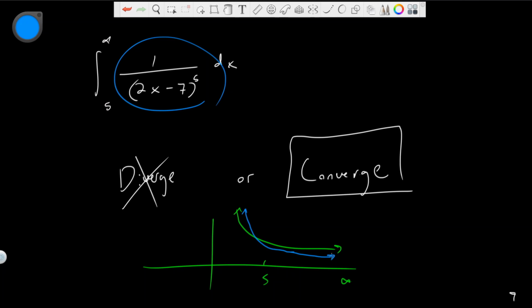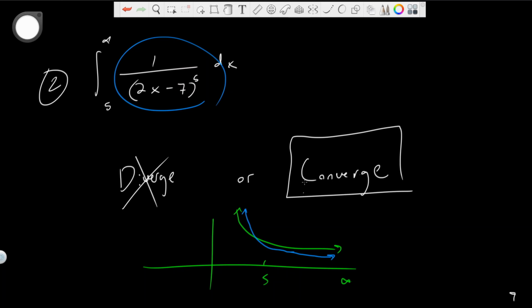We know that 1 over (2x minus 7) to the fifth converges on these bounds because it is less than 1 over (2x minus 7) to the third. If the question is asking, does it converge, and you know that something larger than it converges, then you can simply say that it converges. What it converges to, we would need to evaluate, but that's not what I'm asking here. I was just asking, does it diverge or converge? And this converges.